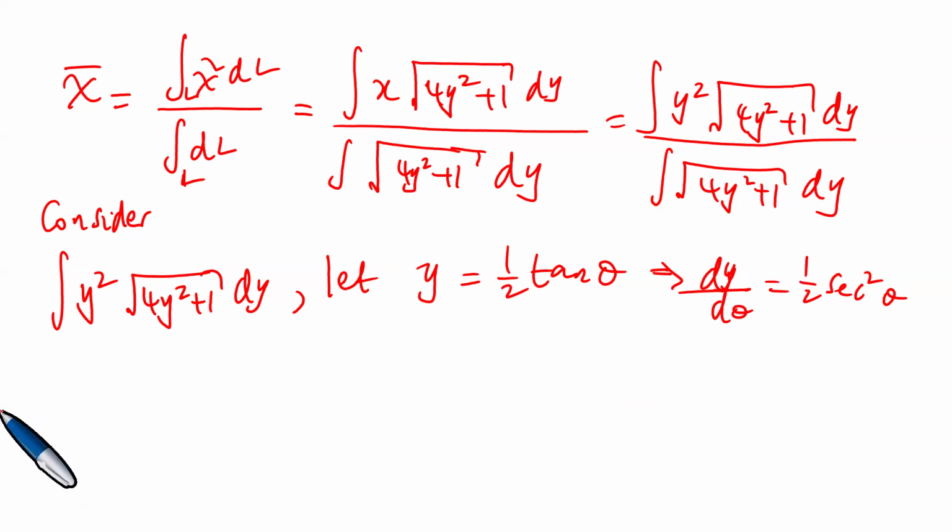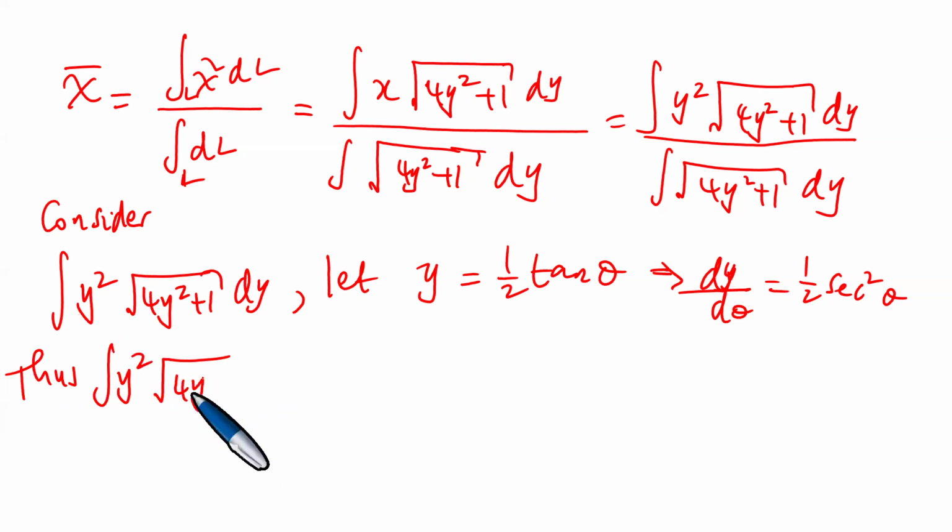And what then do we need? It therefore means that at this point, we can say thus the integral of y squared, the square root of 4y squared plus 1 dy, which is the integral of the y. What is the y?